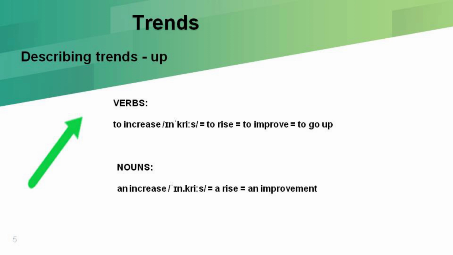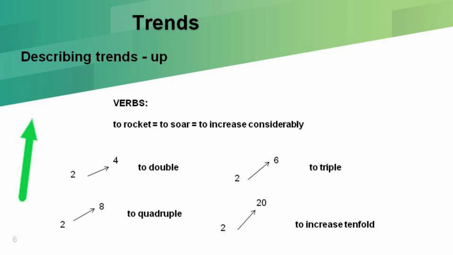You will probably notice that the verb to increase is pronounced differently from the noun. In the verb, we stress the second syllable, so it's increase, while in the noun, the stress falls on the first syllable, an increase.